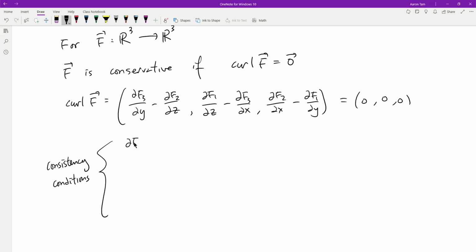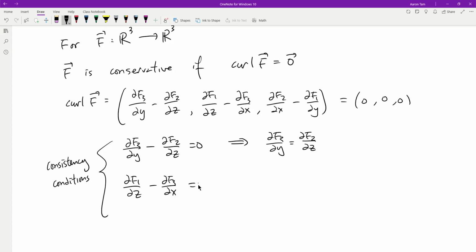That will be df3 over dy minus df2 over dz equal to 0, which implies that df3 over dy equals df2 over dz. And df1 over dz minus df3 over dx should equal 0, which implies that df1 over dz must equal df3 over dx.